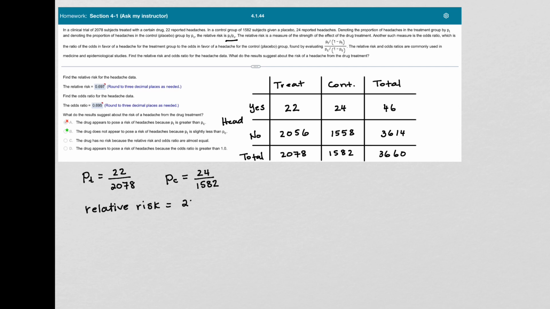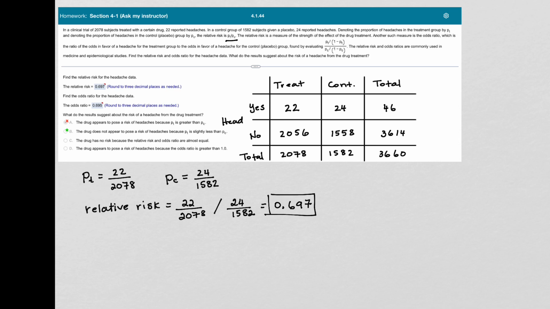So I'm going to take 22 over 2,078 and divide that by 24 over 1,582. And when I put that in my calculator and round to 3 decimal places, I get 0.697. So that's the answer for that part.